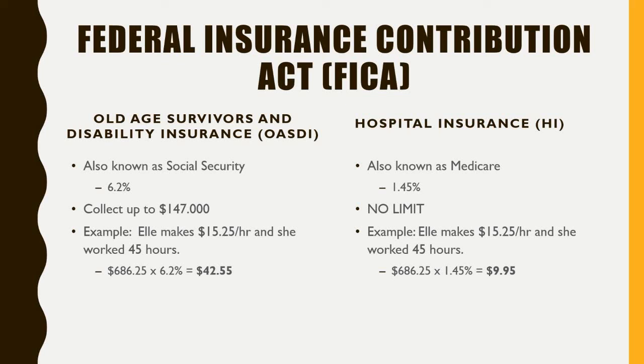The cap limit is going to be $147,000. The federal government deems that $147,000 should be enough to cover an individual, right? Because they're expecting an individual to die around the age of 80 to 85 to 90, right?